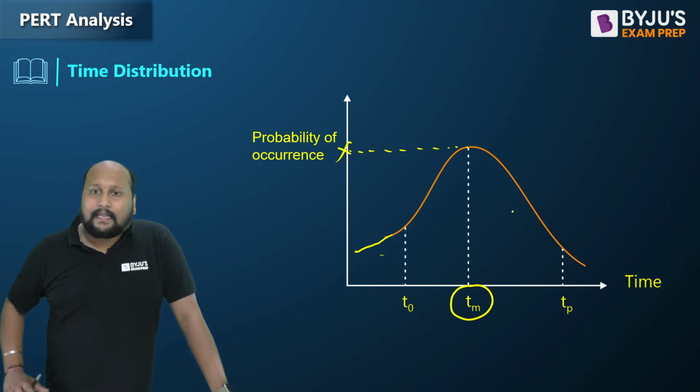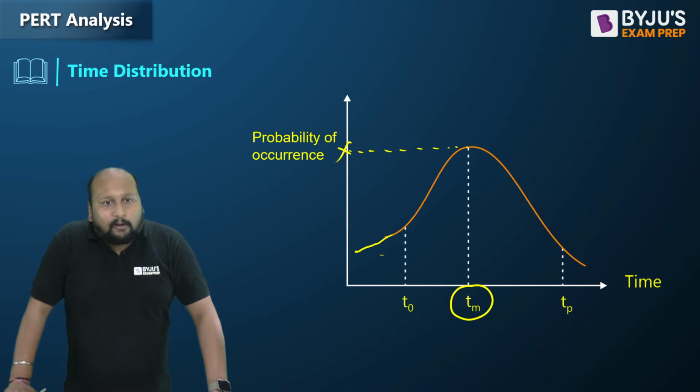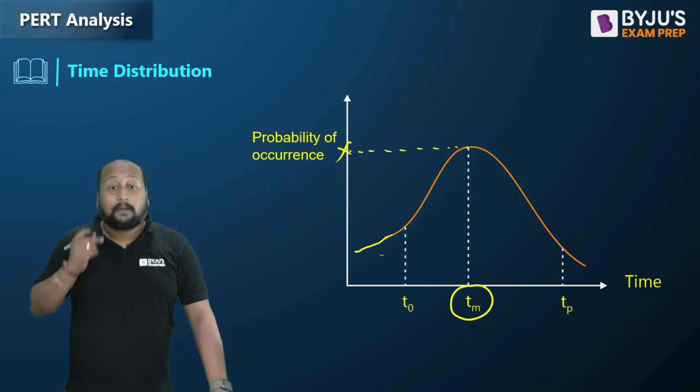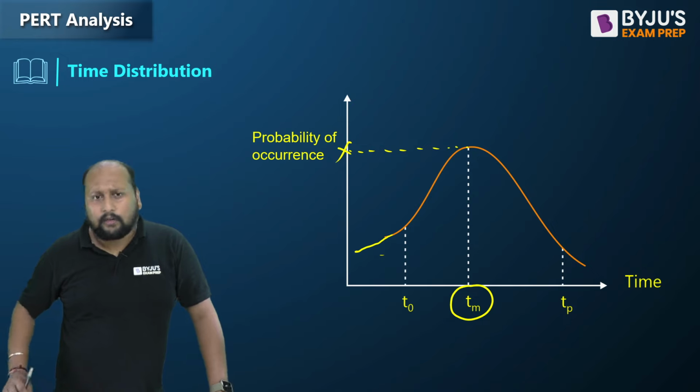Because it is following a beta distribution, now we can directly take the help of mathematics, because the beta curve, or the normal distribution curve, we have studied, right?